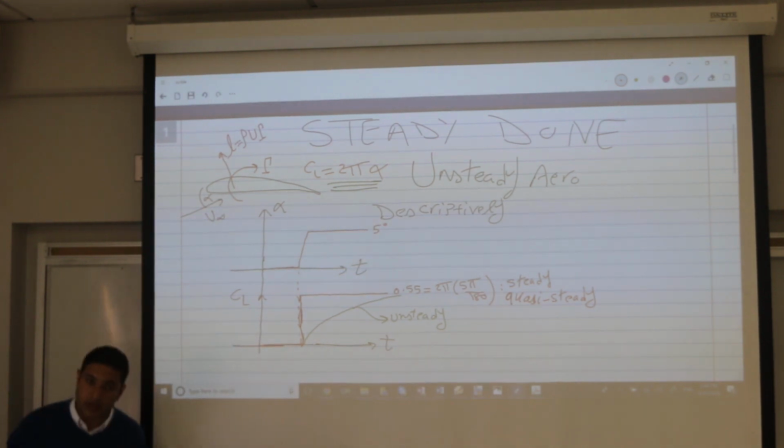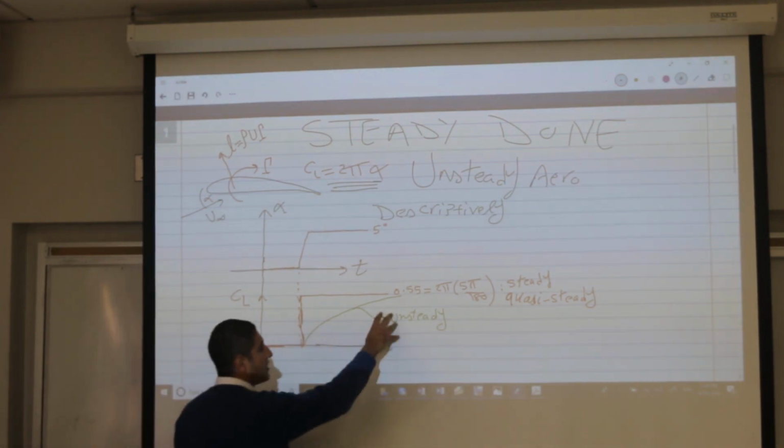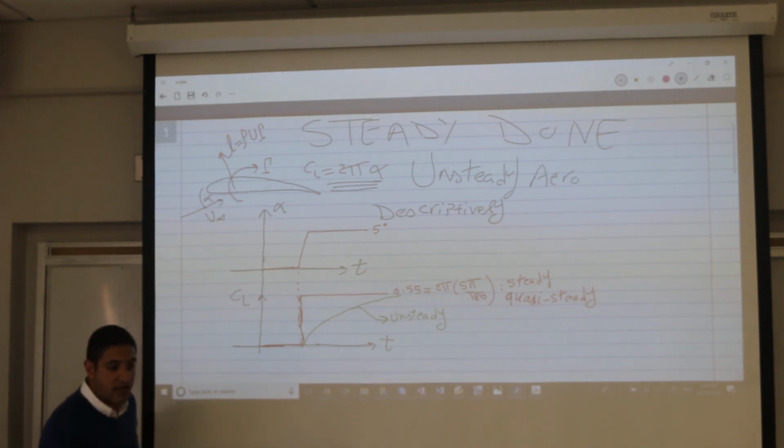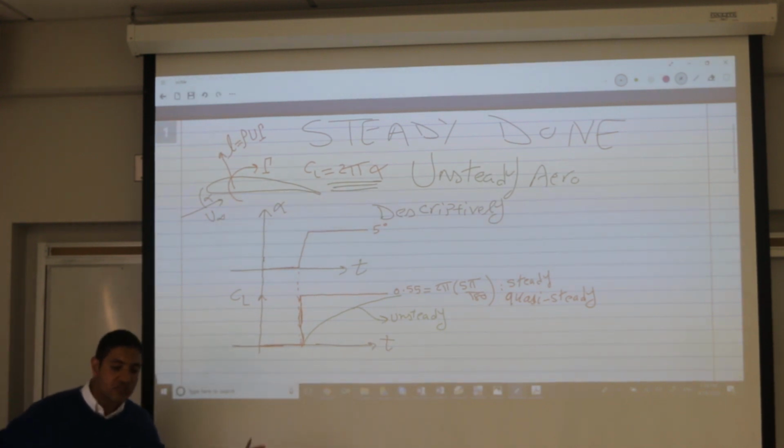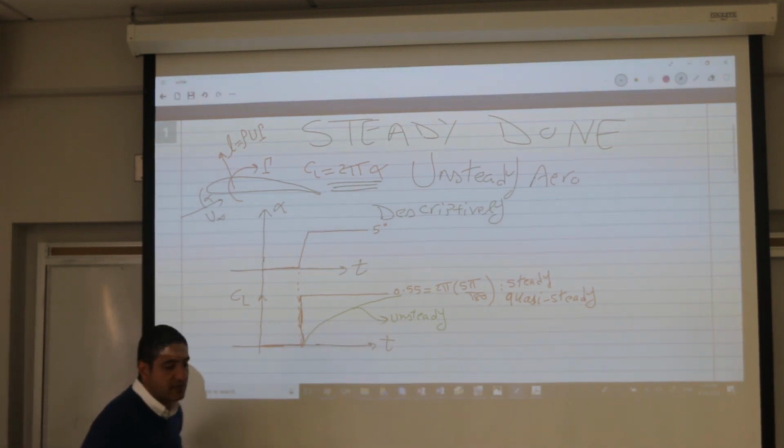So typically, we neglect unsteady aerodynamics even if we're dealing with time variation of airplanes. So airplane flight dynamics 175, it's all about the airplane changing its motion, right? But we typically neglect the unsteadiness. Because for a conventional airplane, that's a very legitimate assumption.